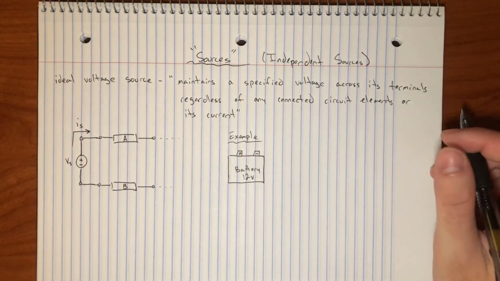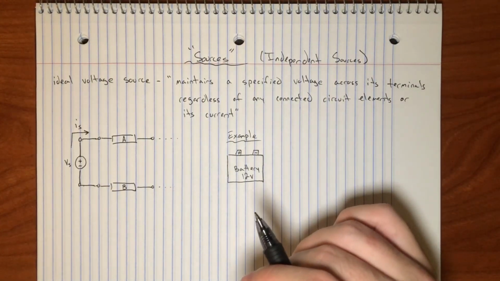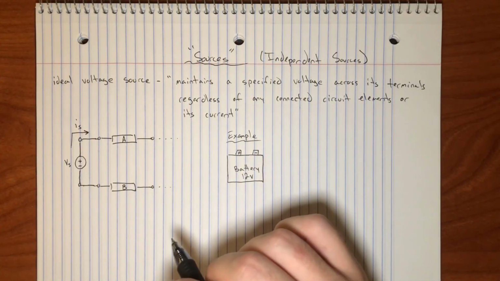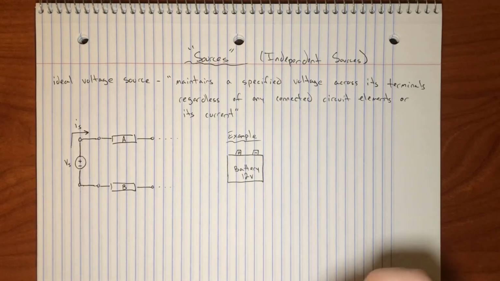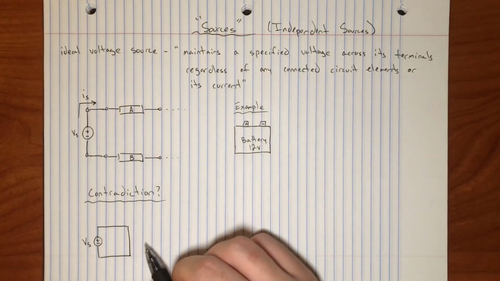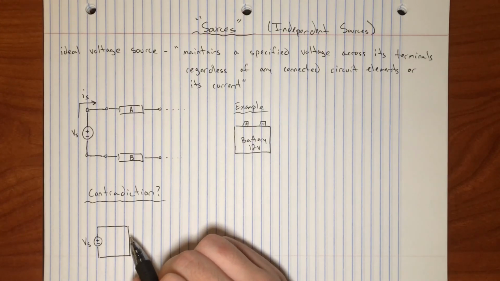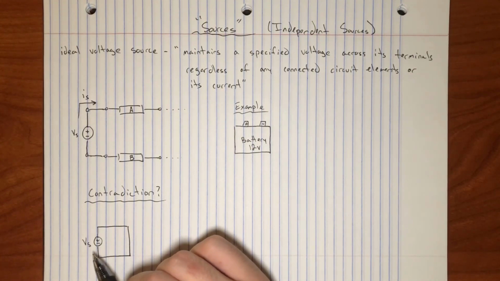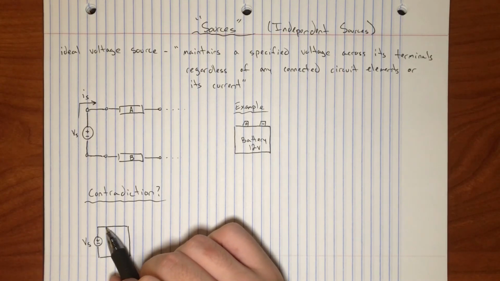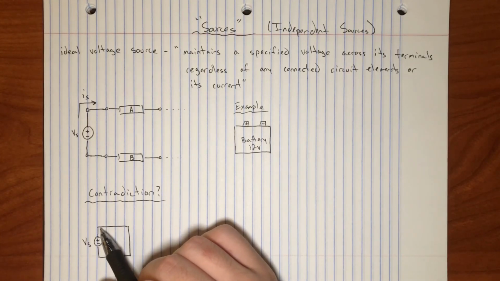So if you're really savvy, you may have noticed an apparent potential contradiction here with this definition of the voltage source. Let me write this out. If you've been paying attention so far, ask yourself what would happen in this situation. What I've done here is I've drawn a voltage source whose two terminals are connected together via ideal conductors, or they're shorted together.